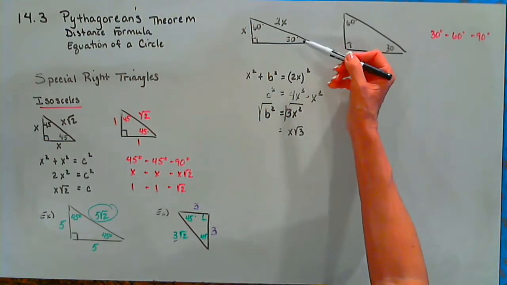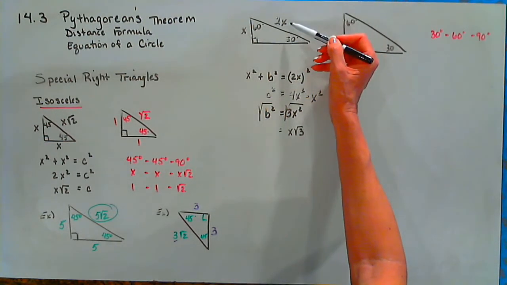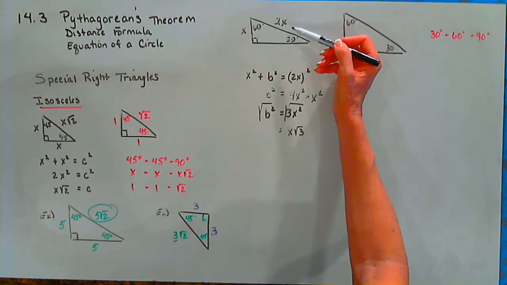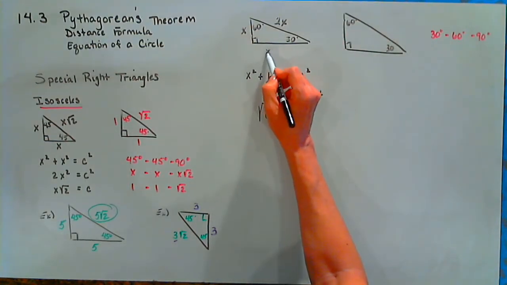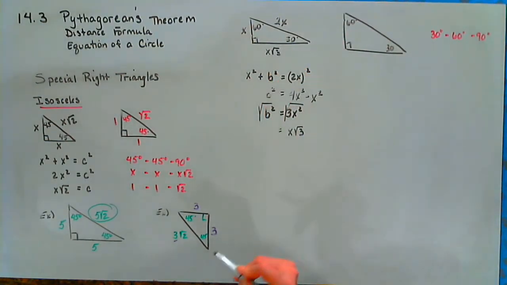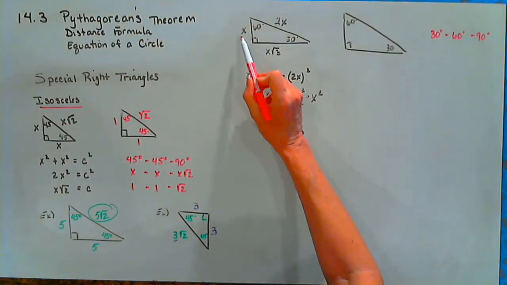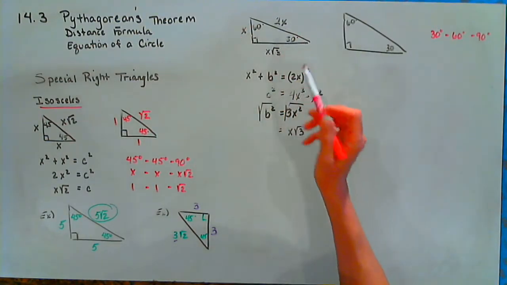So the shortest side would be x, the longest side would be twice that, and the middle side would be x root 3. Because the square root of 3 is between the number 1 and 2.